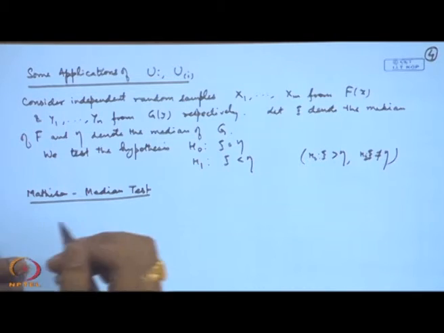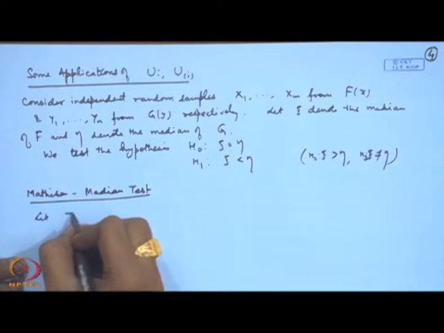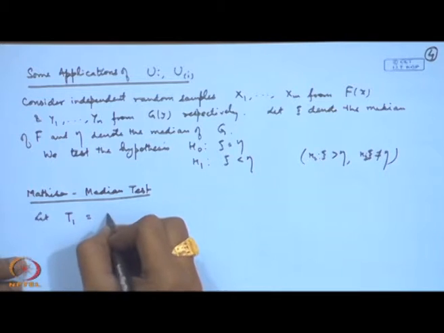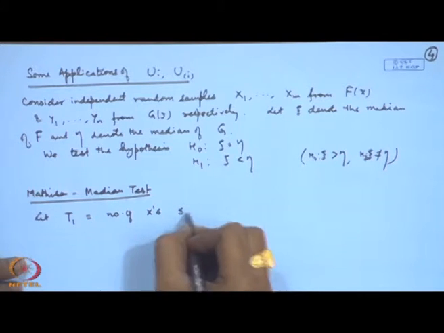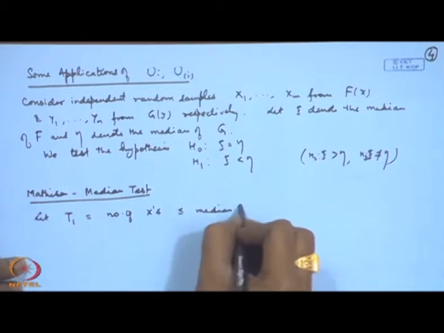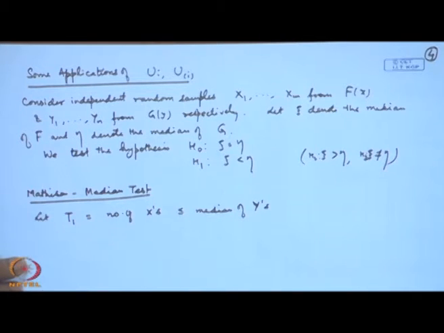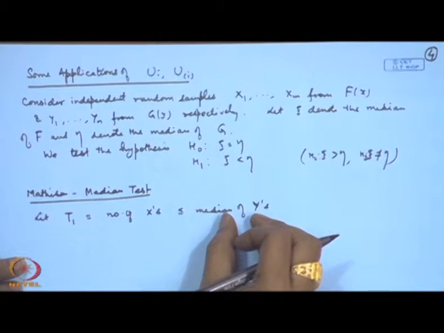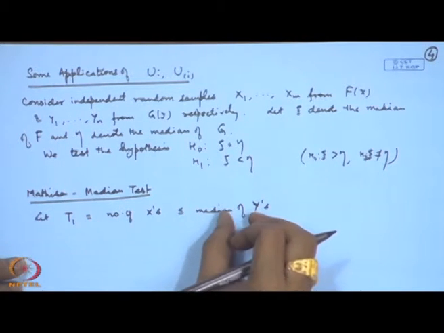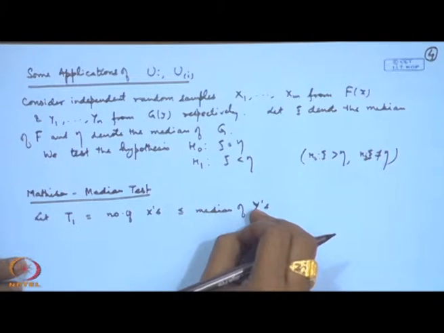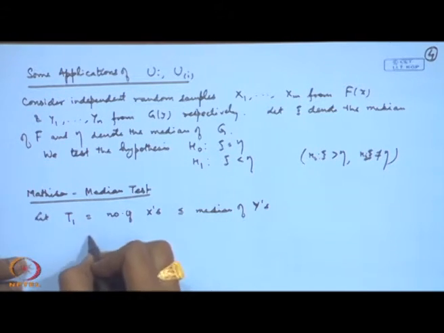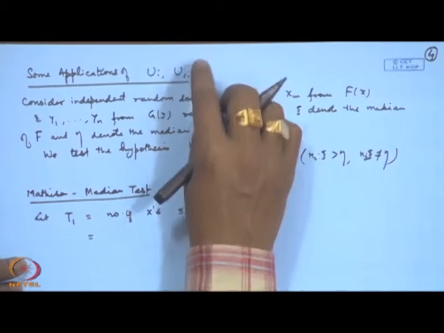In this test, what we do? We define T1 to be the number of X's which are less than or equal to the median of Y's. Actually, depending upon the number of observations in the second sample Y, n could be odd, n could be even. If n is odd, then you will have a unique median. So, how many X's are less than that? That is exactly given by this u_i term.